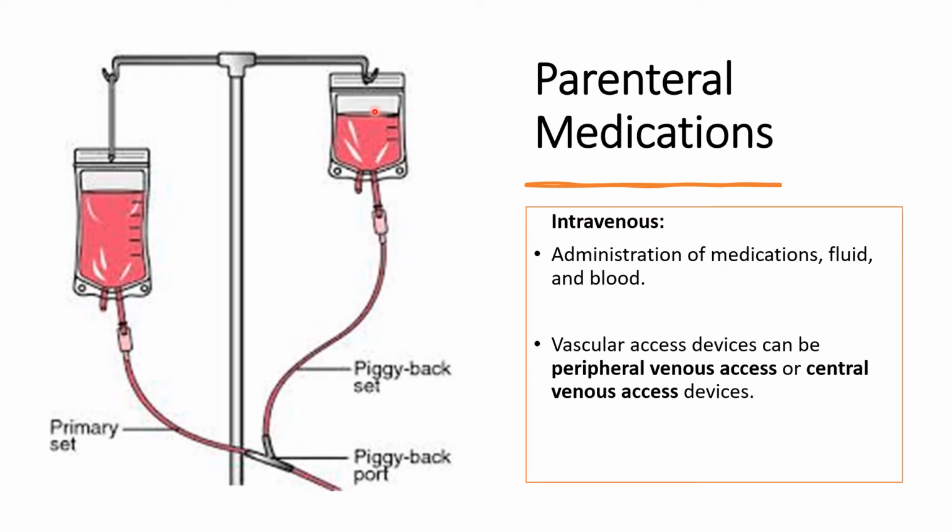So when the antibiotic passes in half an hour, automatically the primary bag will start dripping, and then you don't need to be watching if the antibiotics already passed, because you know that automatically the primary bag, the one that is lower, will start passing the medication.